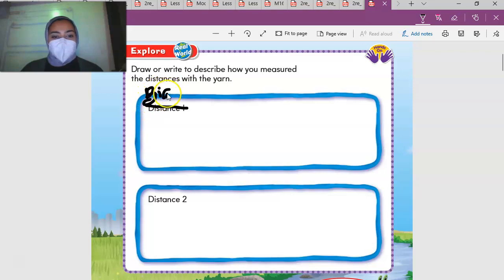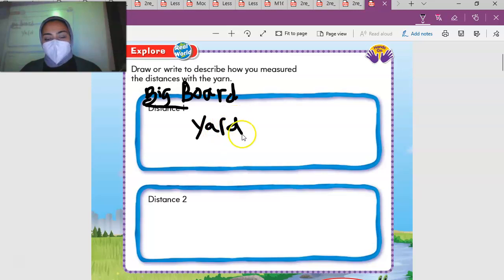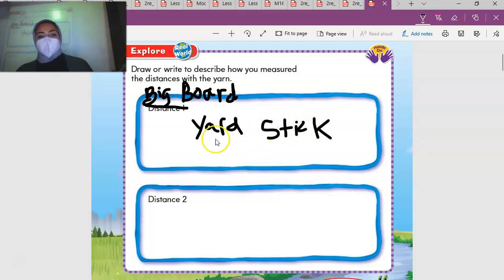If I were to measure a big board, then what would I use, class? Okay, yardstick. This is what they're trying to teach you, that bigger areas or longer areas will need to be measured with a yardstick. Okay?